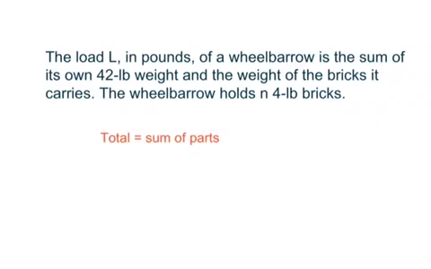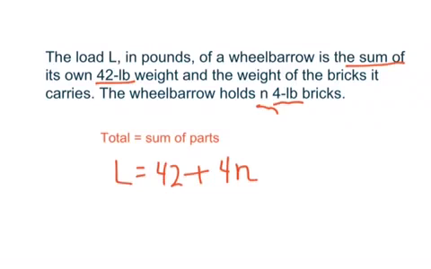So therefore the total load L is going to equal the sum of its own weight, so it weighs 42 pounds, and the number of bricks that it holds. And it holds how many bricks? It holds N bricks, and each one weighs 4 pounds. So 4 times N bricks. So the total load L is equal to 42 plus 4 times the number of bricks.